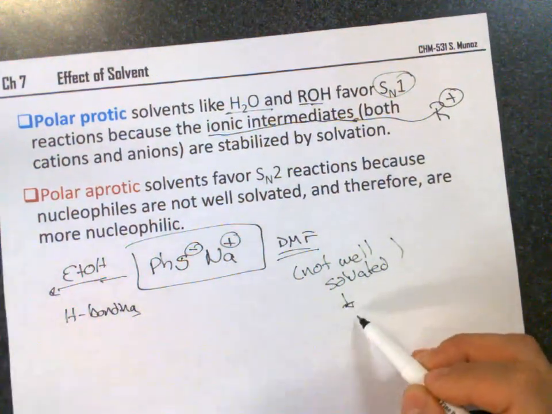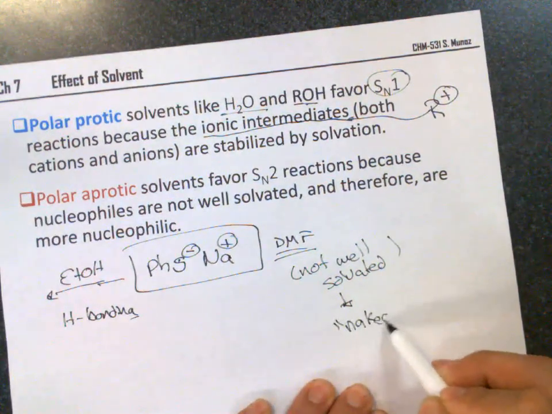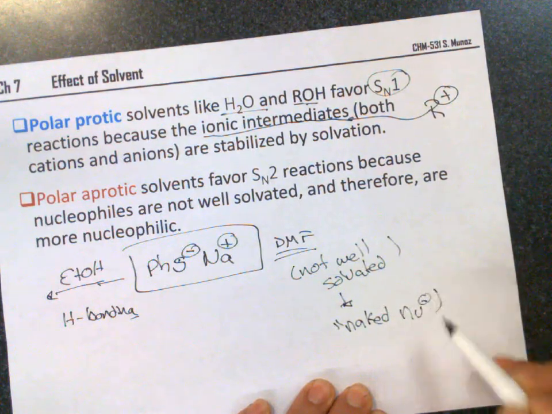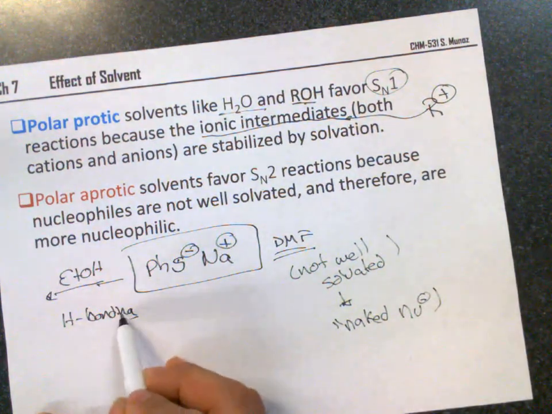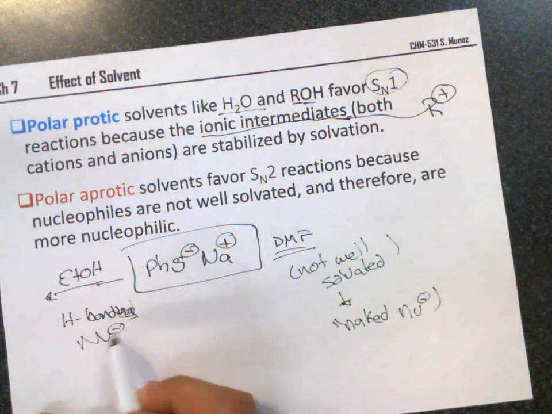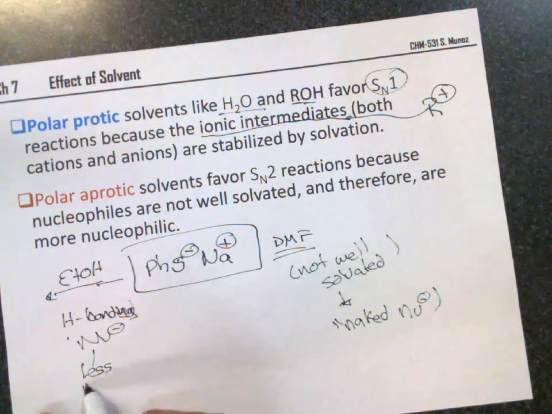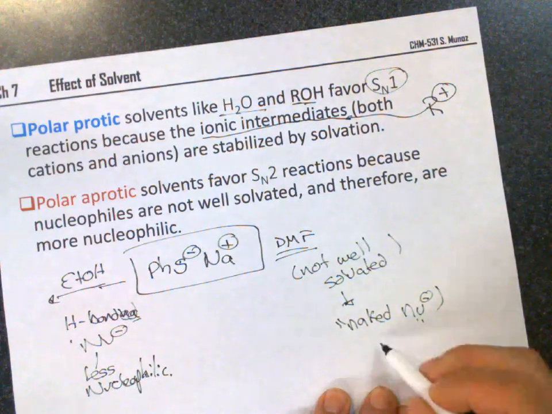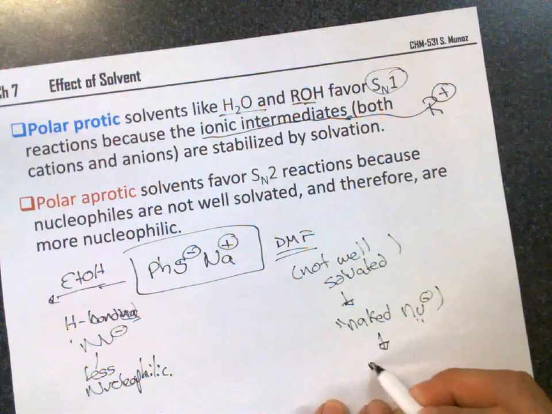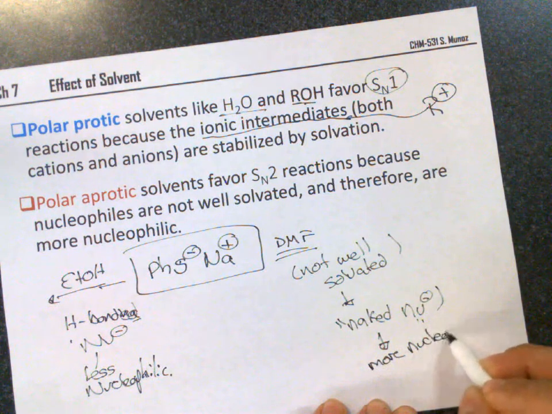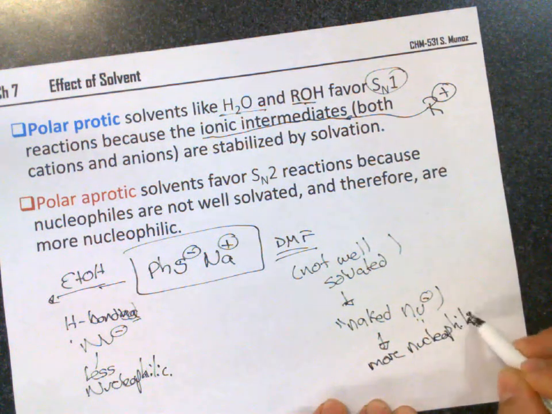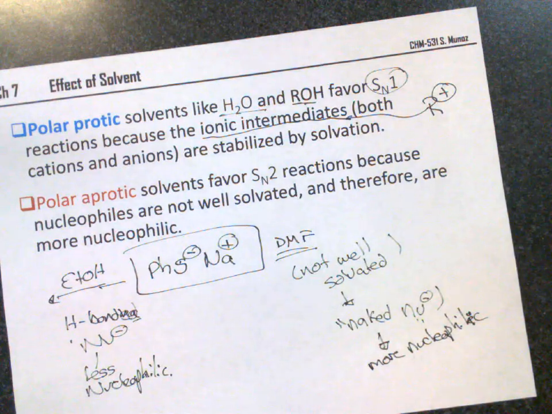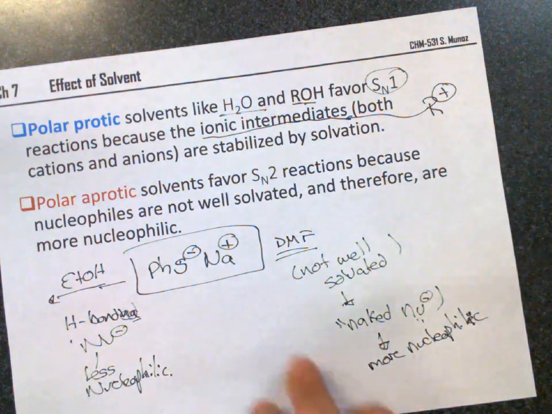So that in turn makes it what we call a naked nucleophile, whereas here you have a hydrogen bonded nucleophile, so it's less nucleophilic. But in aprotic solvent, it's a naked nucleophile, it's a stronger nucleophile. And we know that stronger nucleophiles will favor what reactions? SN2.